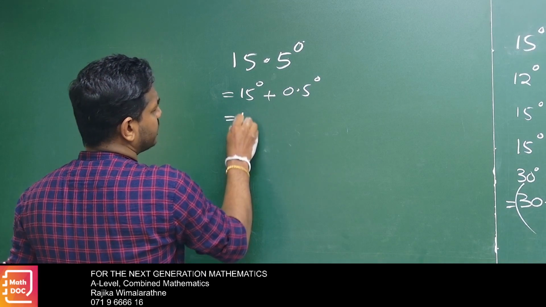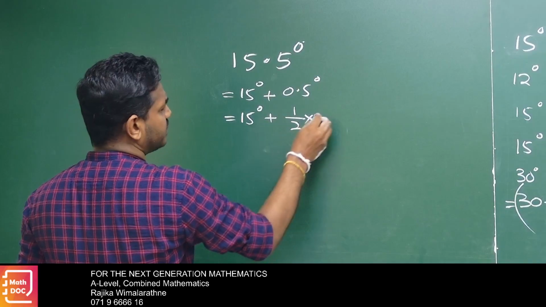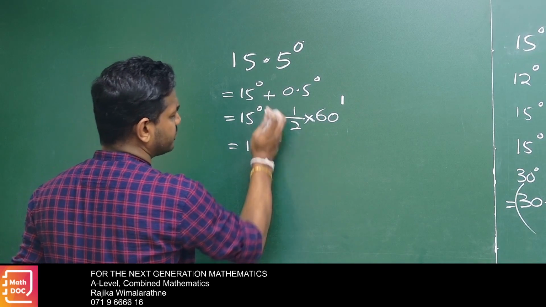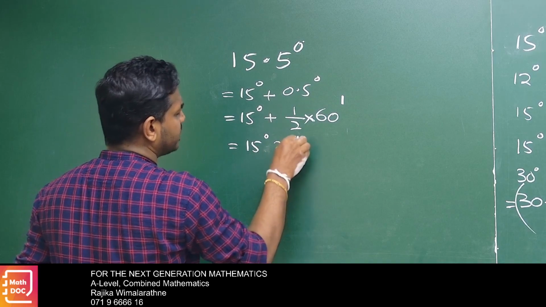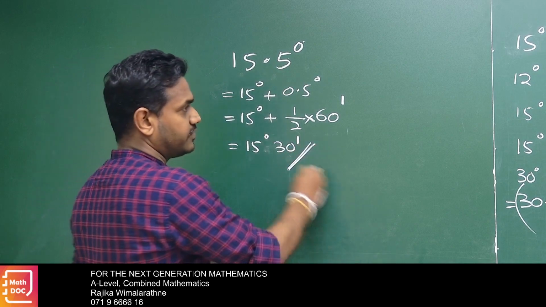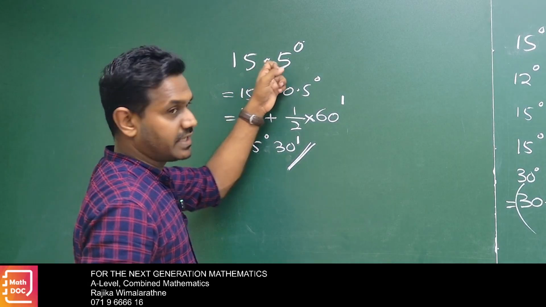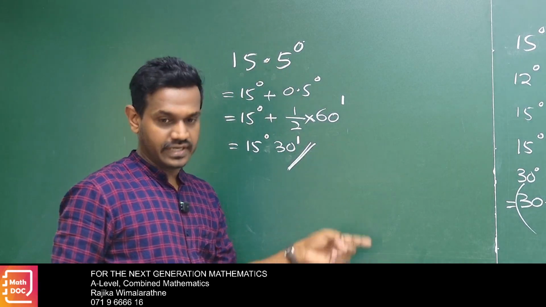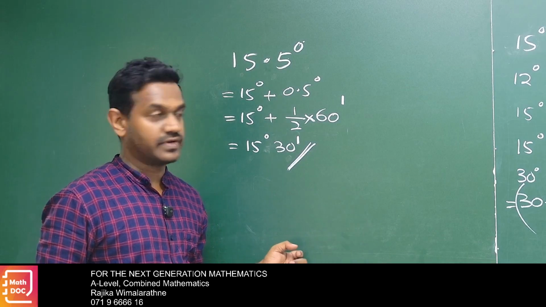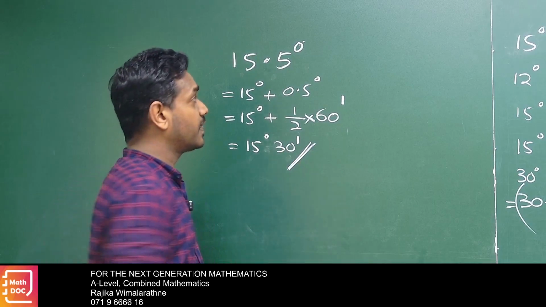Then half times 60 is in minutes, so 30 minutes. Then 15.5 means 15 degree 30 minutes. Likewise you can convert. This decimal format conversion will be for your first term test. Other than that we don't get any other questions for our A-level question. But for the first term test these conversions will be there.